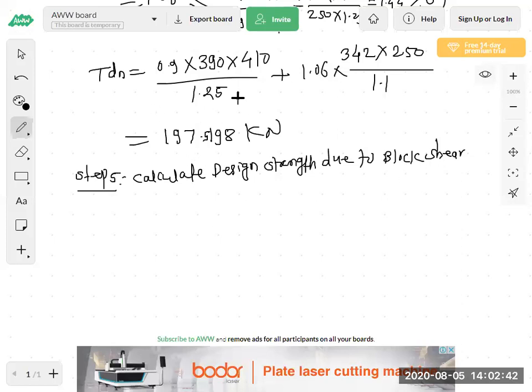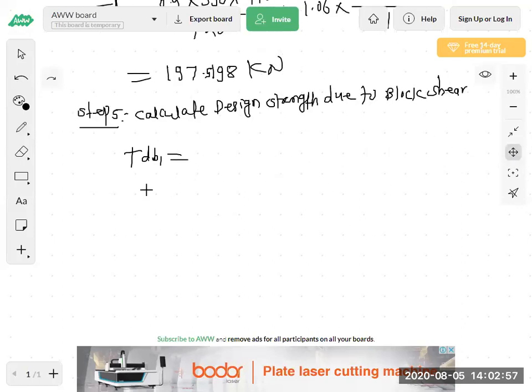So first 2 strengths we have calculated here, and the last strength, that is the block shear. But in block shear, there are two formulas, TDB1 and TDB2. So these two strengths are also block shear. So what is the formula for TDB1?